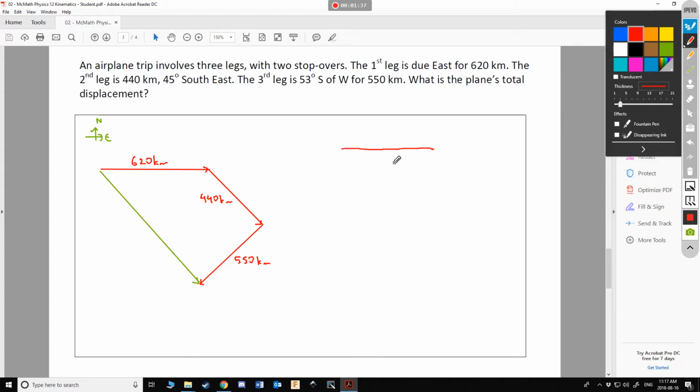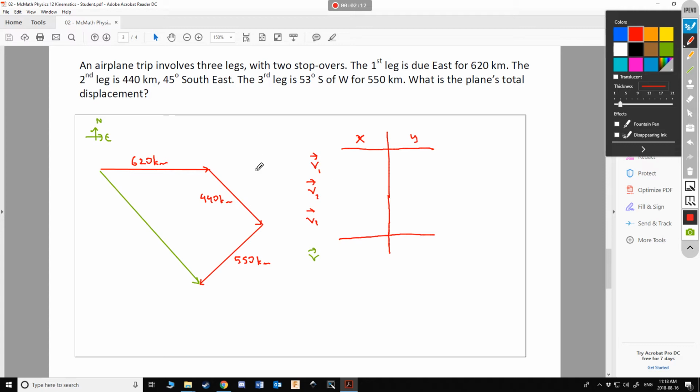So here's a table. X and Y. We want to know what is V1, what is V2, what is V3, and then we're going to add up all those numbers together to find out what is the resultant vector, V. First one's easy because we know it's in the x direction, east or west.